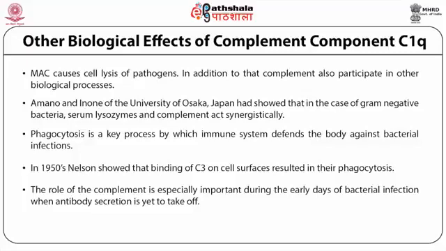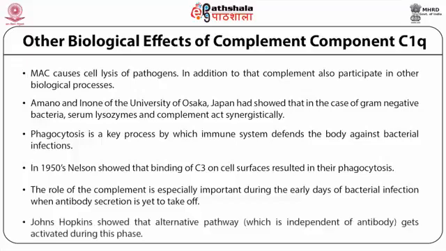Wood Jr., Winkelstein and Shin at Johns Hopkins showed that the alternative pathway, which is independent of the antibody, gets activated during this phase. Alper and Rosen at Harvard Medical School studied the consequences of defective C3 in many patients and found pronounced susceptibility to pus-producing bacterial infections.